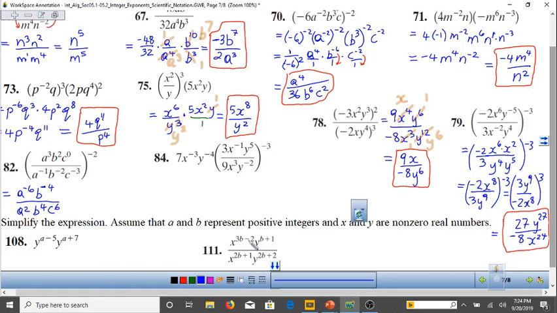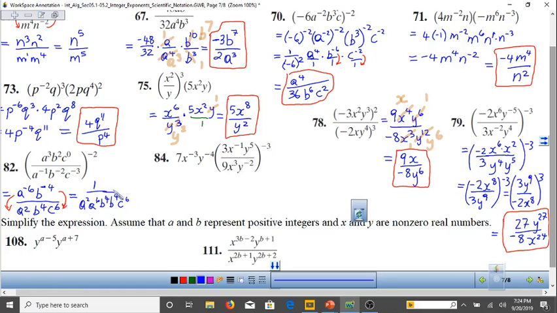Then I will move my negative exponents to the denominator, and my positive exponents will stay. So what will end up happening is I have only 1 on top, and then a squared times a to the 6, b to the 4 times b to the 4, and then c to the 6.